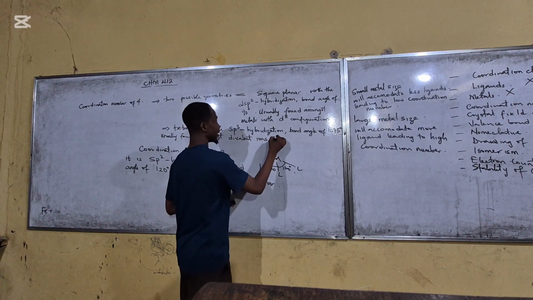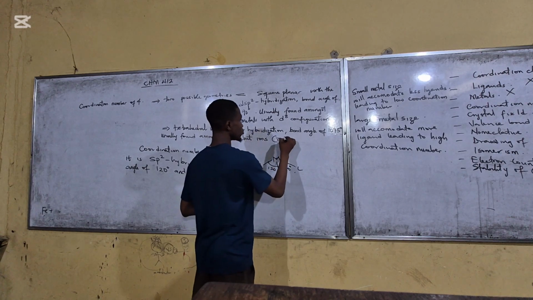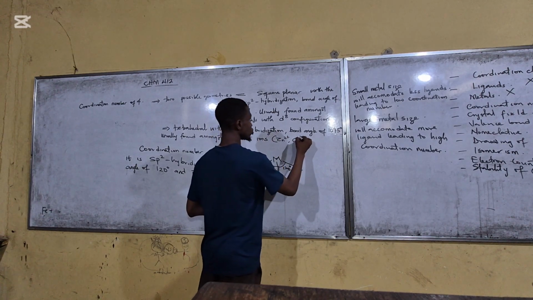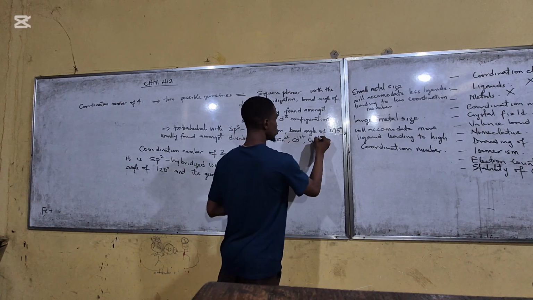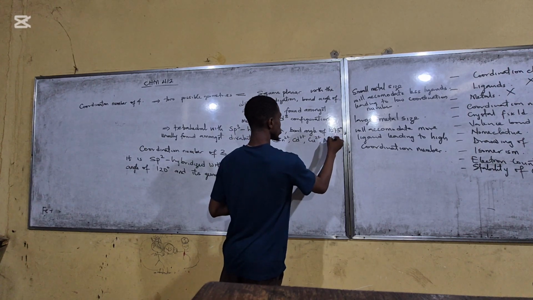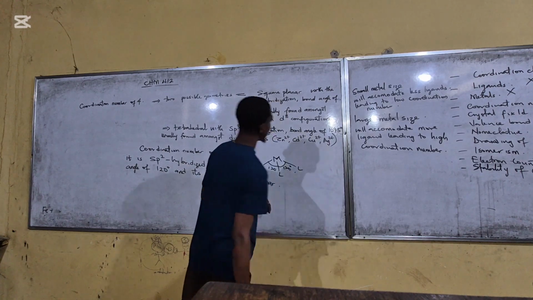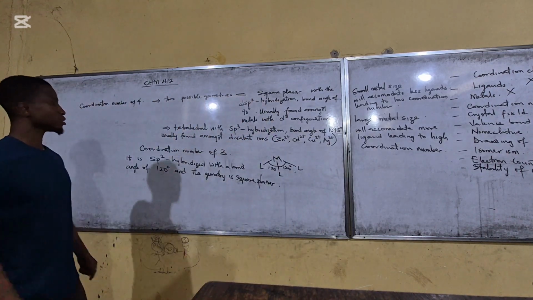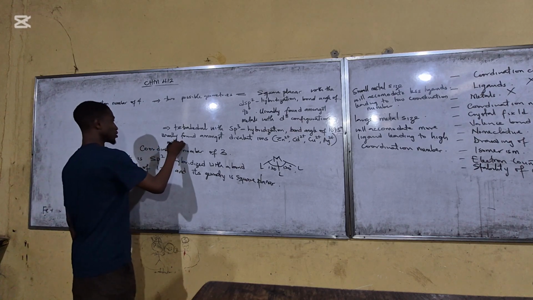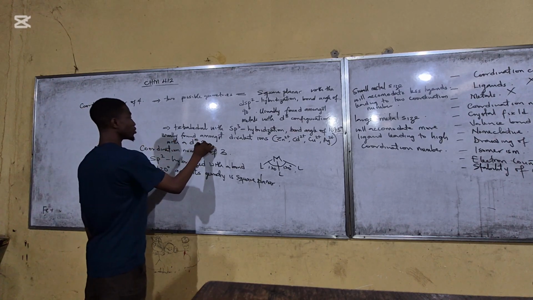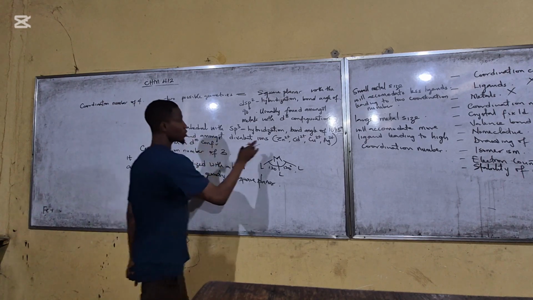ions. By divalent ions, I mean Zn2+, Cd2+, Cu2+, Ag2+. Usually found among the divalent ions with a d10 configuration. Okay, no, Cu+.